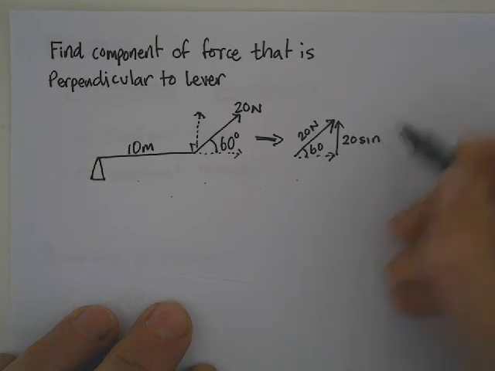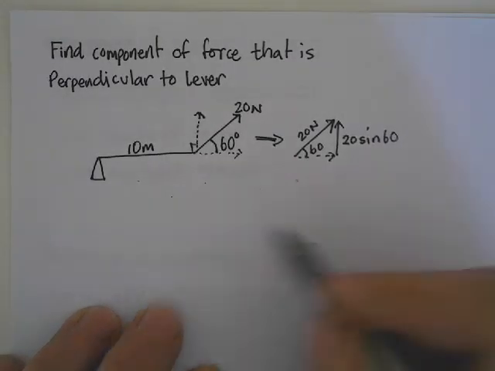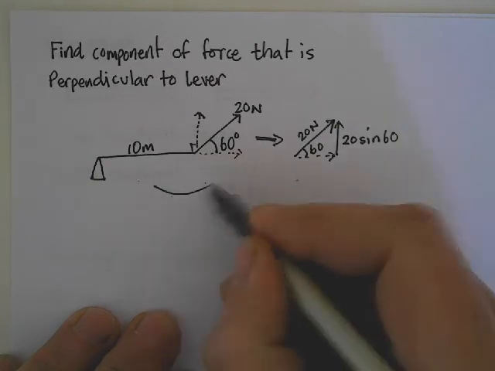Okay, so this vertical component would be 20 sine 60.